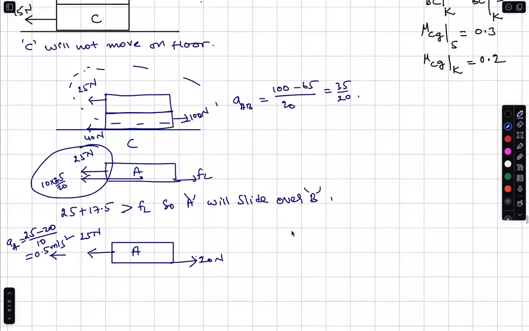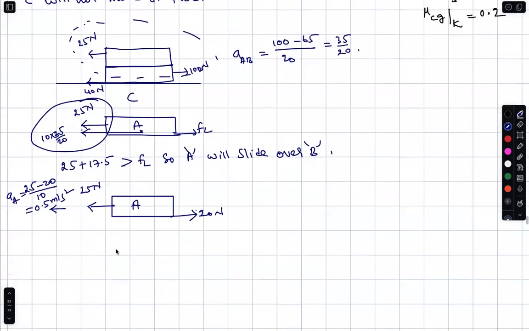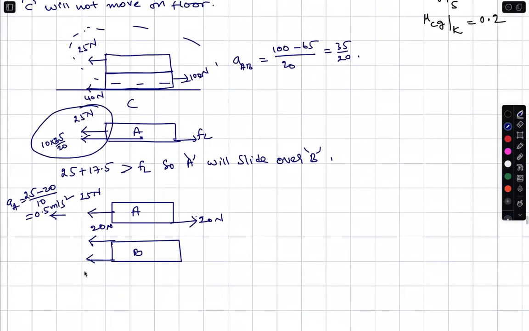25 minus 20. Right. On B, what is going to be the situation? Five by 10, 0.5. So on B, what is happening? 20 Newton. What is the opposition here? 40 Newton.